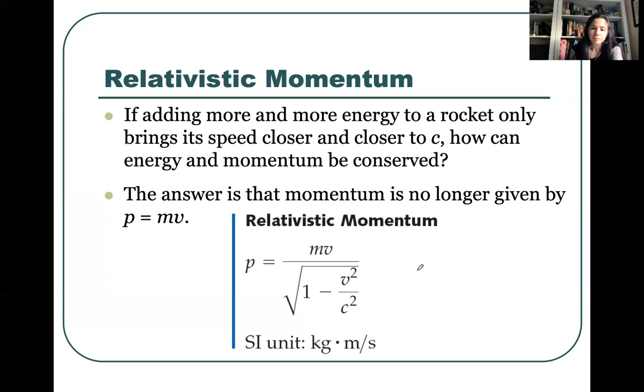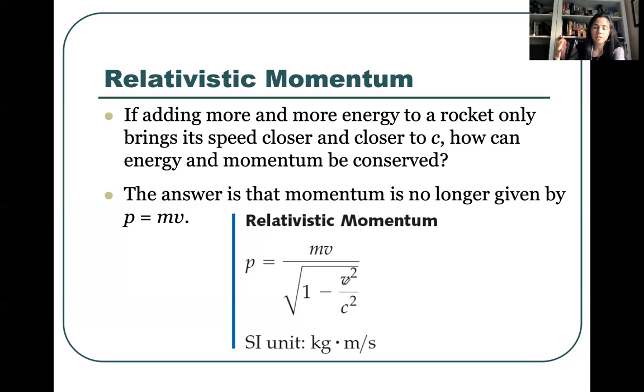and what you can see here is it's really mv times this factor here, and you can see that now if we increase the value for v, so as v approaches c.